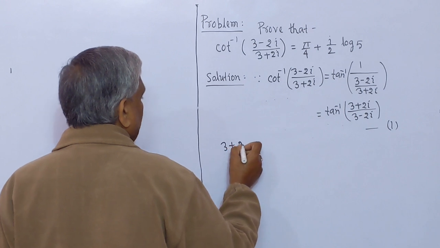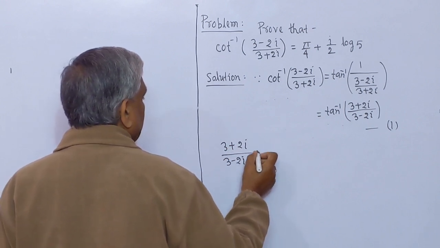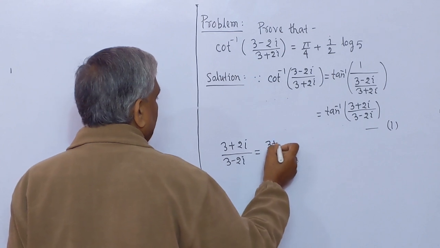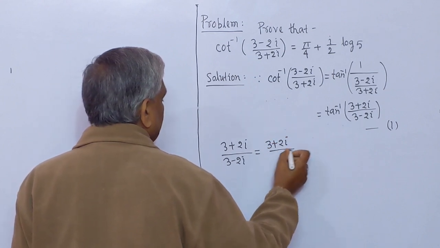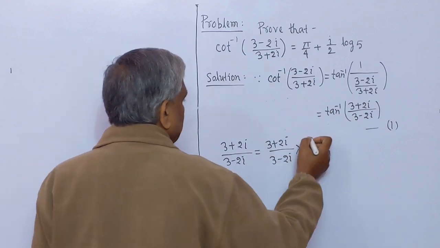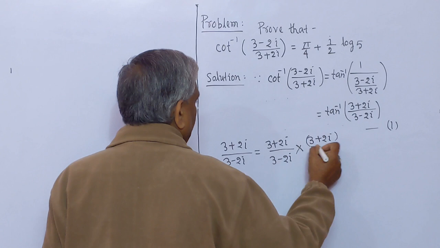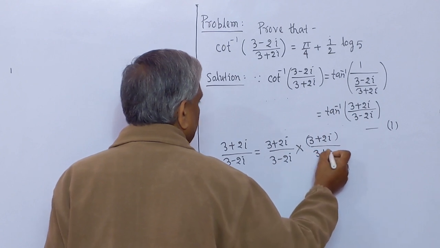(3 plus 2i) by (3 minus 2i) equals (3 plus 2i) by (3 minus 2i) multiplied by (3 plus 2i) by (3 plus 2i).